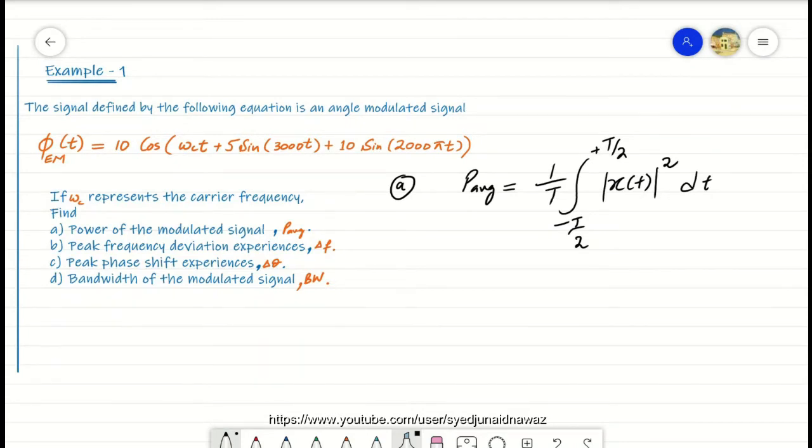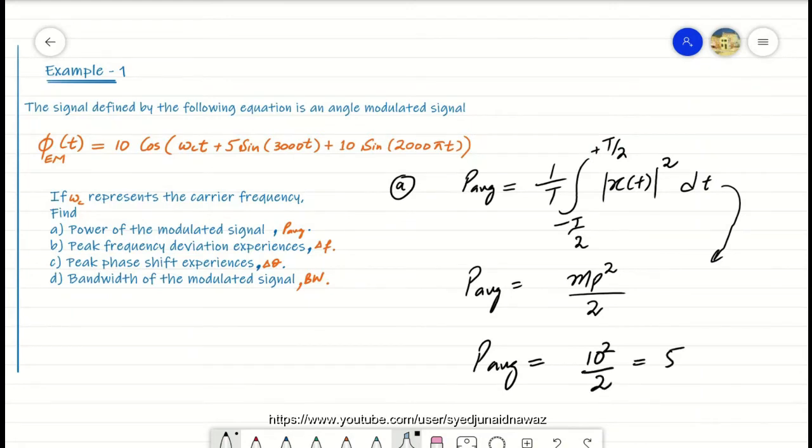We also discussed that the average power of sinusoid signals can be represented after substituting through this formula. The average power of sinusoids is equal to the square of the peak amplitude of the sinusoid divided by 2. So by using this relationship, we can obtain the average power of this signal, that is 10 square divided by 2, which will be equal to 50.